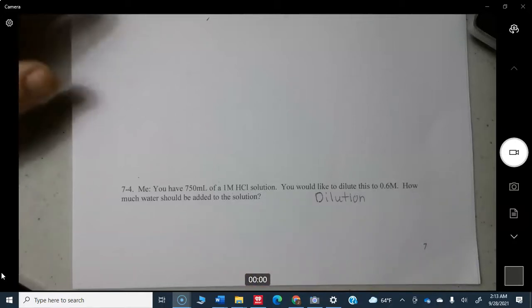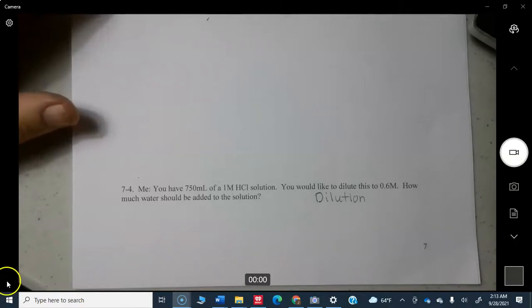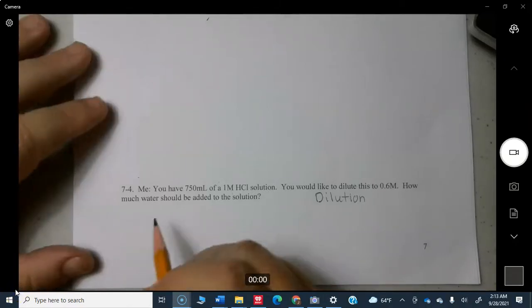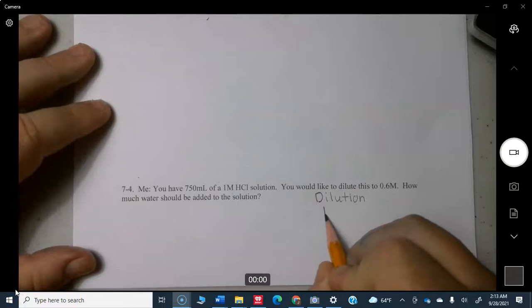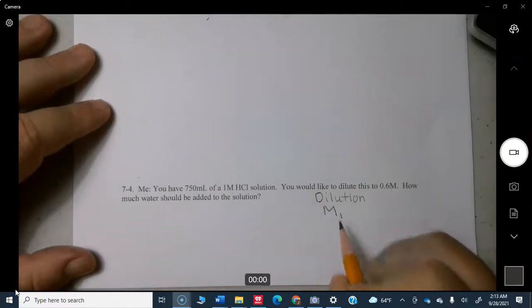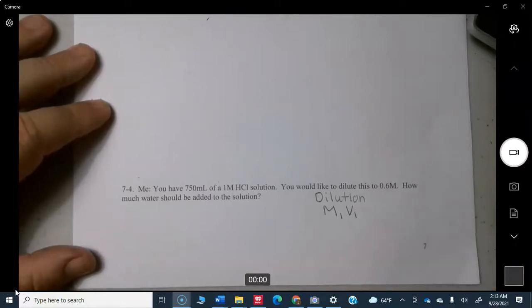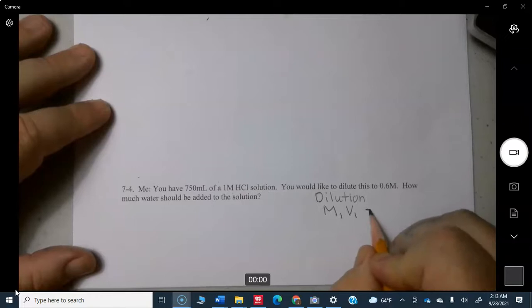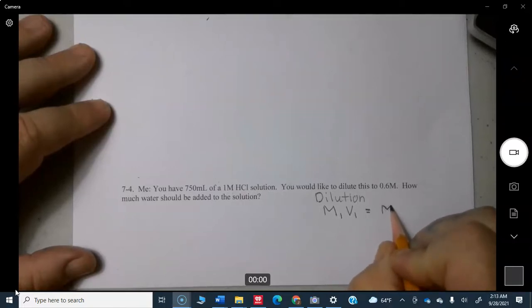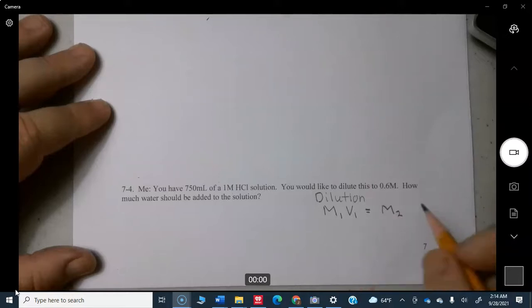Okay, so the dilution formula is the molarity before dilution times the volume before dilution. So that's M1V1 equals the molarity after dilution times the volume after dilution.